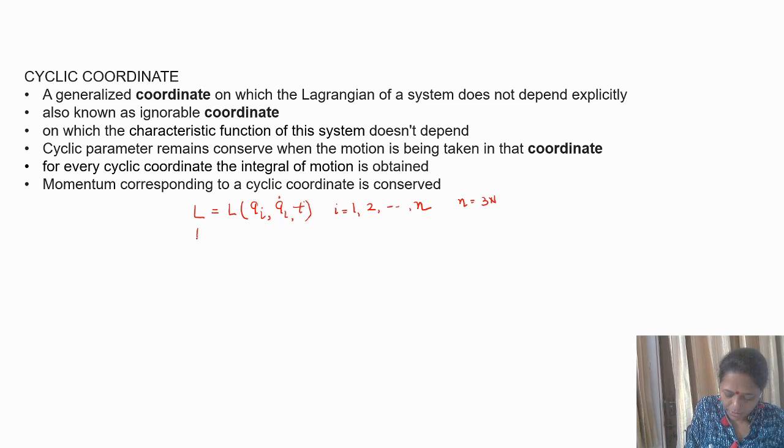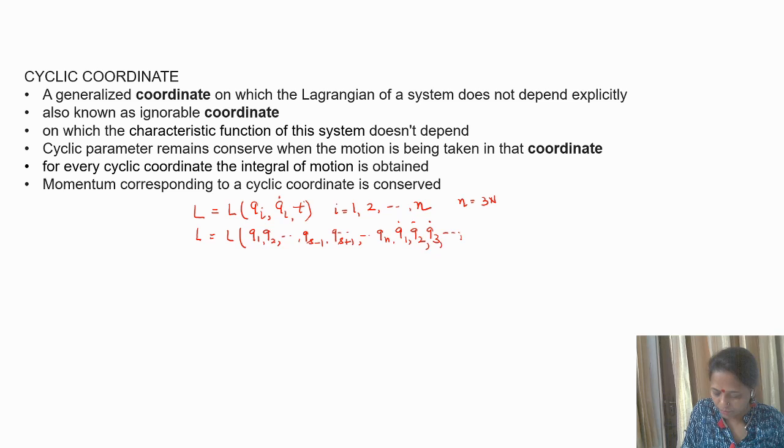And suppose in L there is a coordinate: q1, q2, ..., q(s-1), q(s+1), ..., qn, and the velocities q1 dot, q2 dot, q3 dot, ..., q(s-1) dot, qs dot, q(s+1) dot, ..., and time.